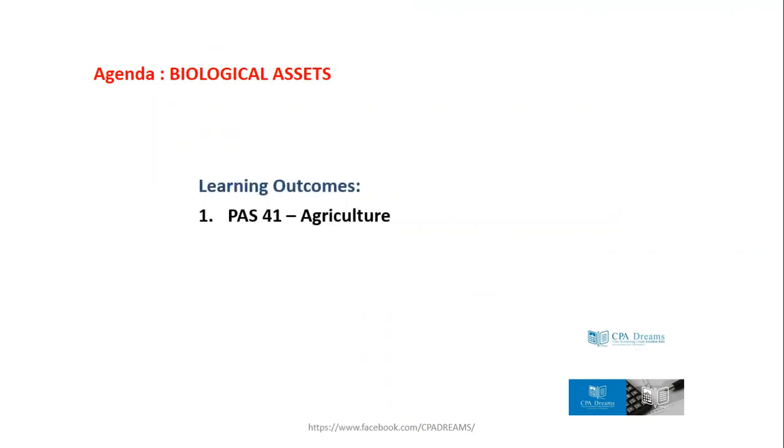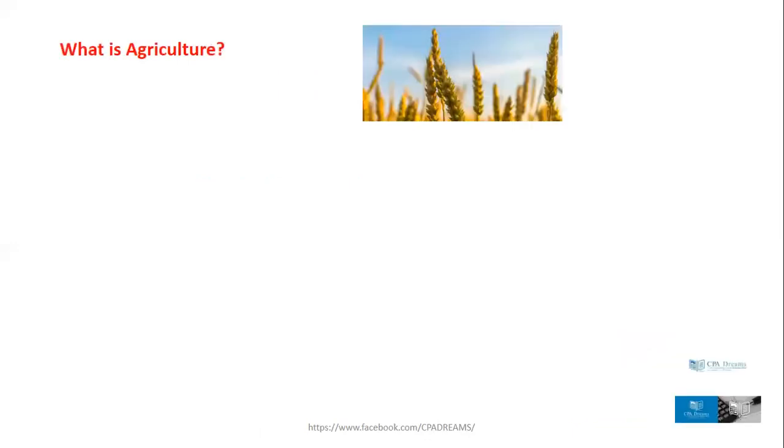I'm going to give the PAS 41. What does it mean? It's all about agriculture. And then some definition of terms for you to understand if they are given in the problems. And also, I'm going to give some examples of biological assets. So what is agriculture?